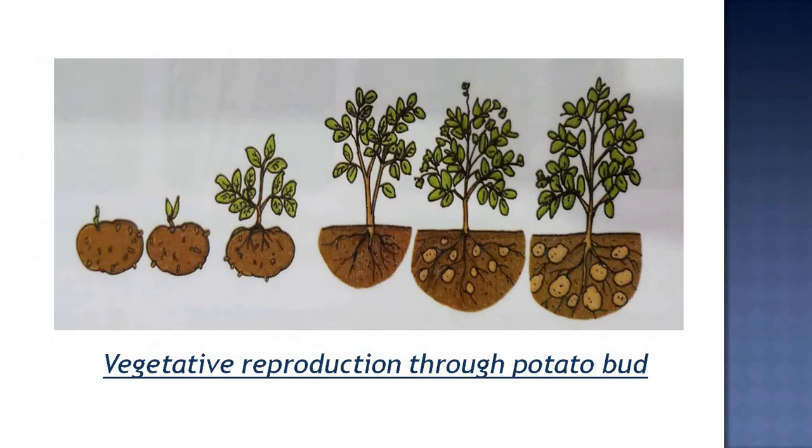Now next, this is showing vegetative reproduction through potato bud. When you put a small portion of the potato which has an eye into the soil, you will find this potato bud will grow into a new plant. So this is vegetative reproduction through potato bud.